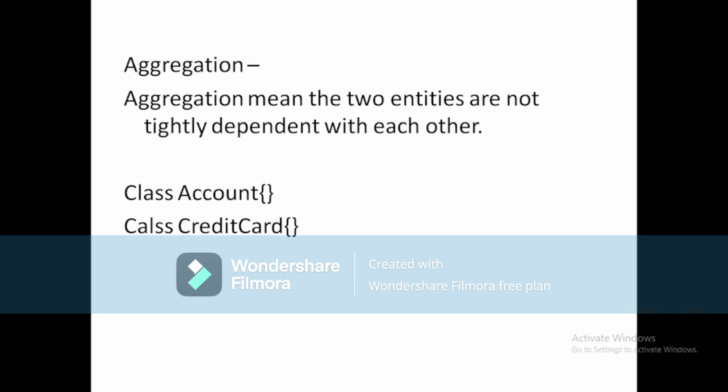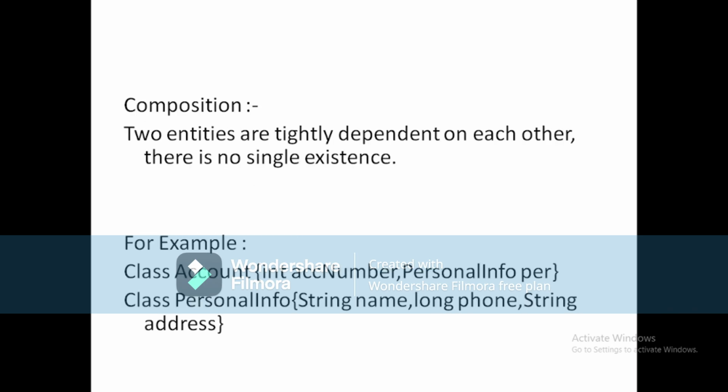Let's go for the next, which is composition. Compositions are tightly dependent on each other. We can say two entities are tightly dependent on each other; there is no single existence.